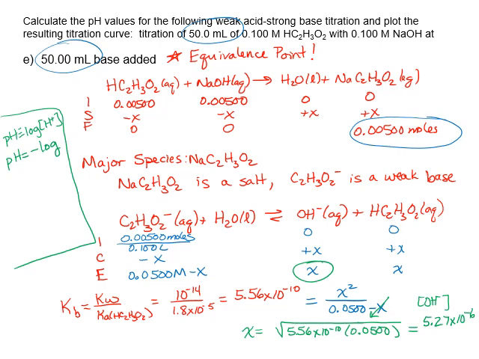So the H+ concentration is 1.8975 times 10 to the minus 5. Sorry, it's getting a little crowded up here.